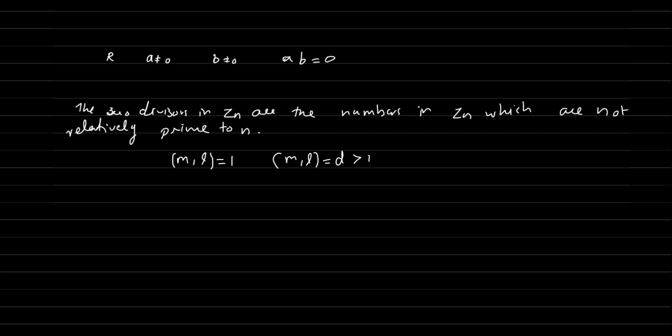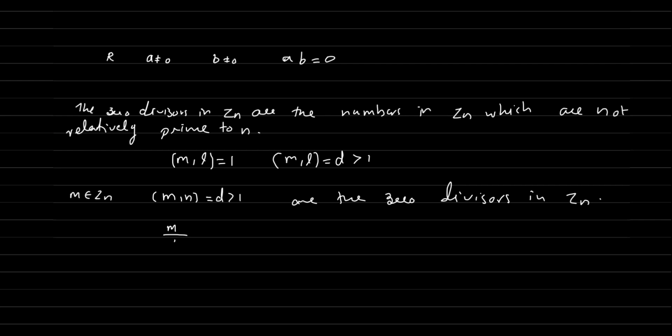Okay, so we need to prove the elements m in Zn with the GCD of m and n equal to d, which is greater than 1, are the zero divisors in Zn. Now consider such an element m with the GCD of m and n equal to d, greater than 1. Then consider m by d.